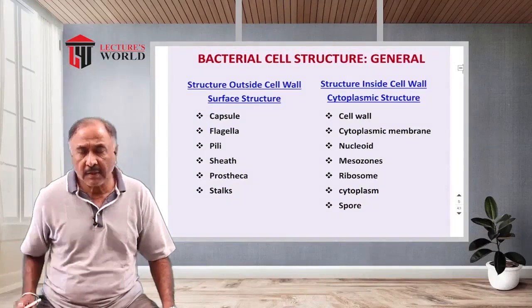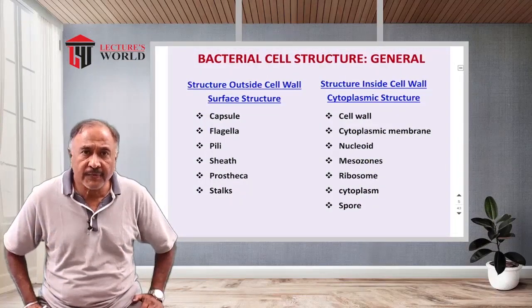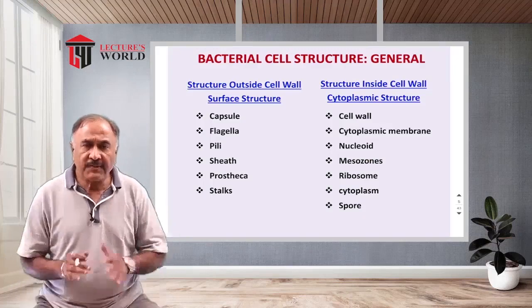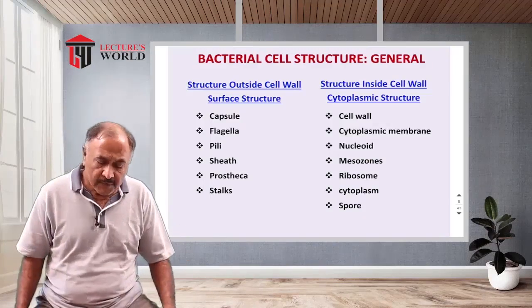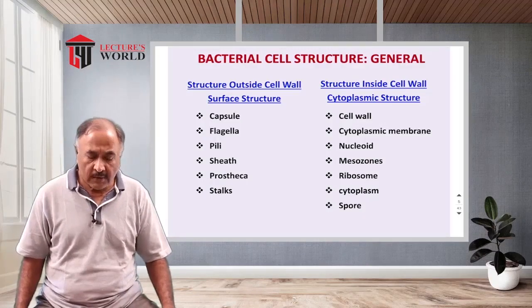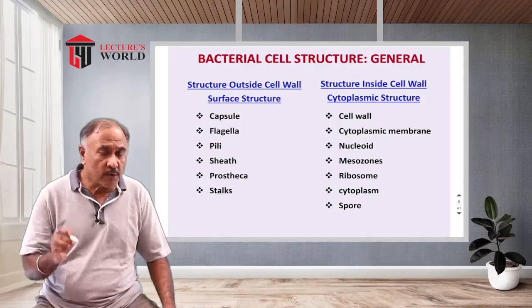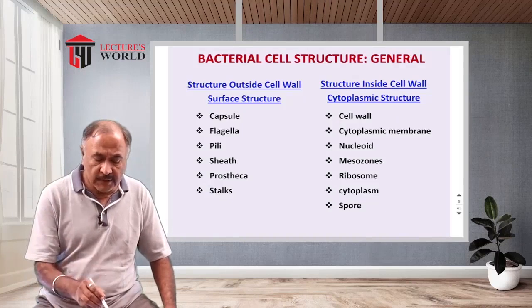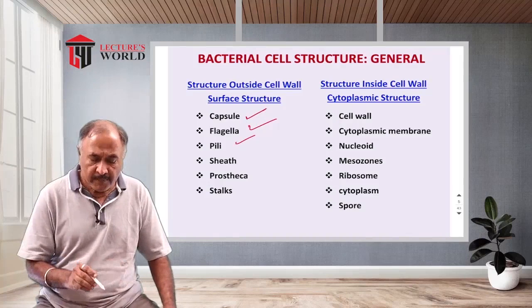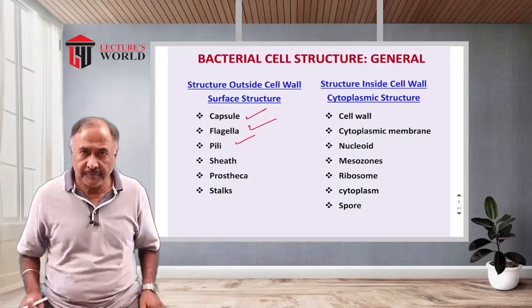As described earlier, we will classify into two categories: the structures outside the cell wall and the structures inside the cell wall. As I have already told you, the structures outside the cell wall are the capsule, flagella and pili, and the cell wall itself.